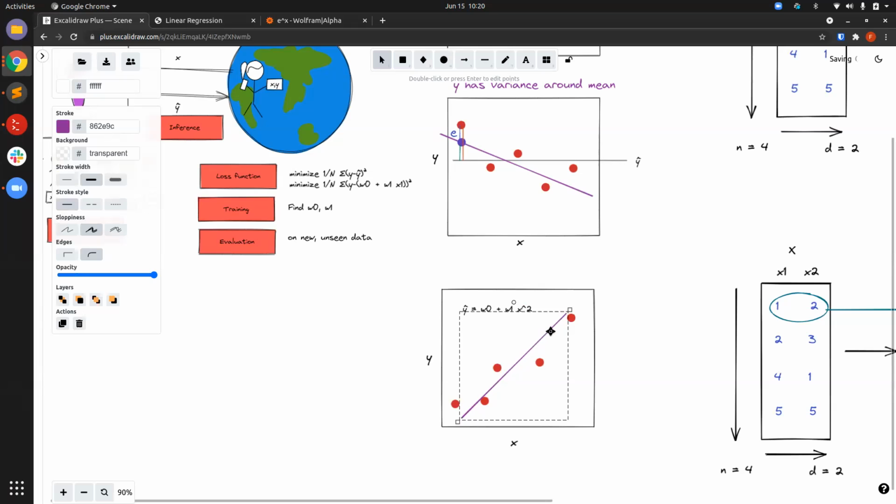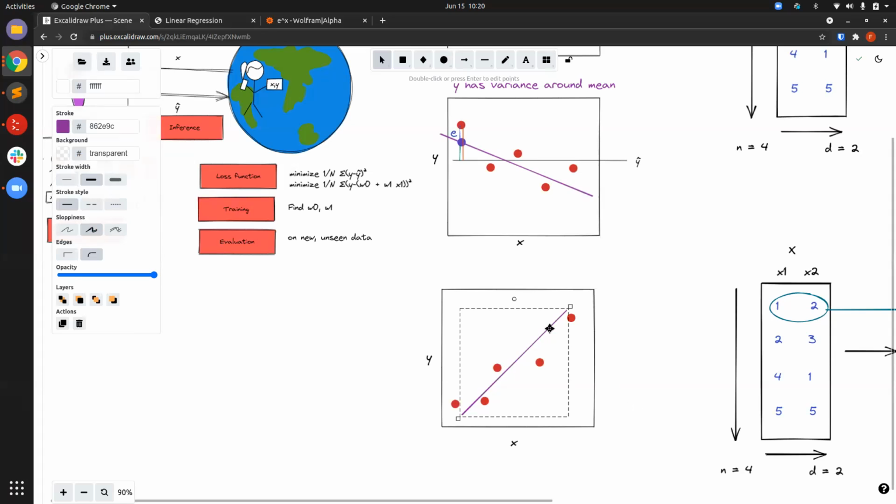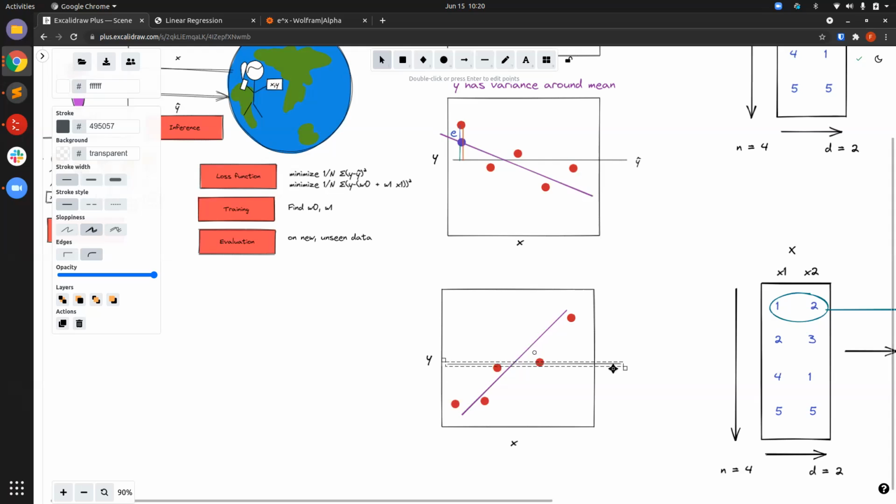Okay. So this is, let's say, a fit to this line, and it looks pretty good. So I would expect the ratio of this error to the error of prediction by mean to be small, right? Because the purple model has pretty small error. So the ratio of the error of the purple model to the error of the gray model is going to be close to 0.